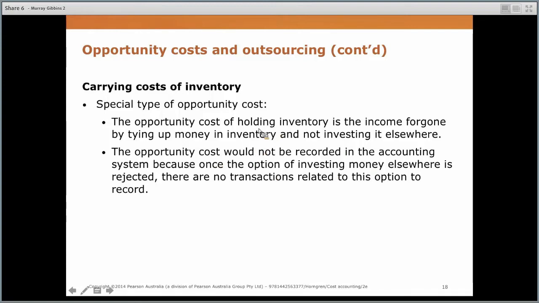What's this talking about? Look, just holding stock. Whenever you invest funds, immediately there's the question of what else could you have done with those funds? There's an interesting concept here too in terms of stress.